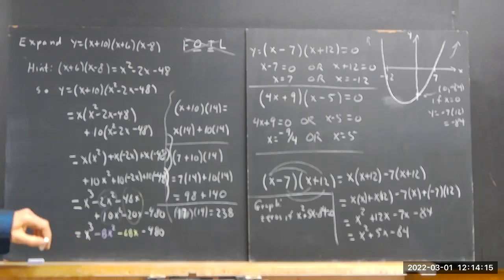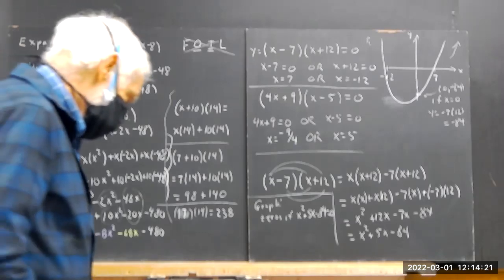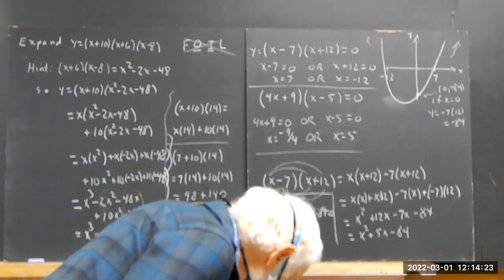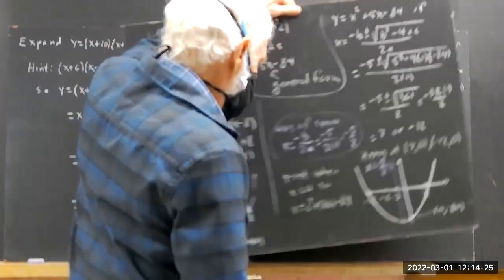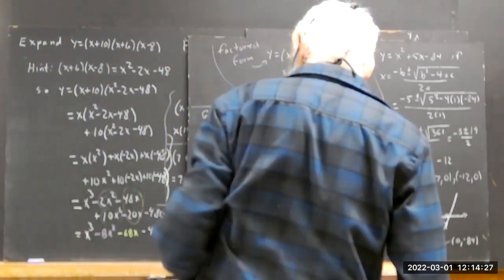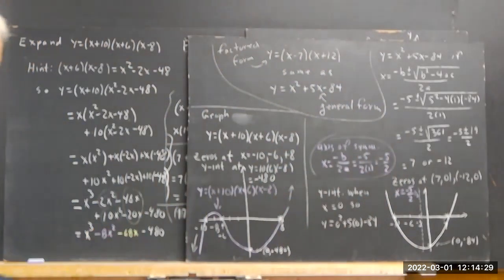Now, the graph we just made somewhere, where is it? Is the graph of this polynomial.